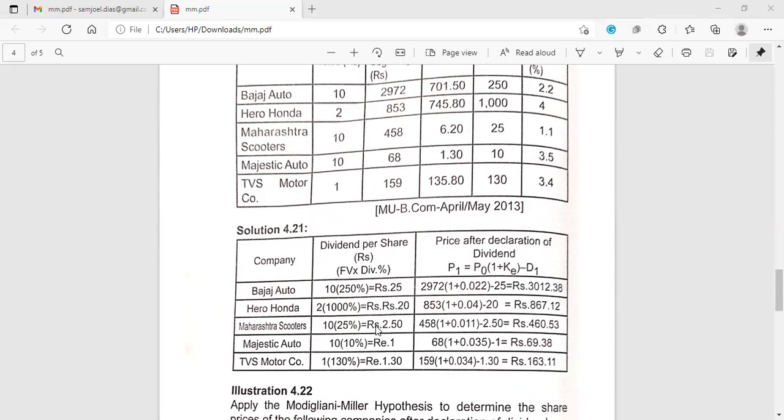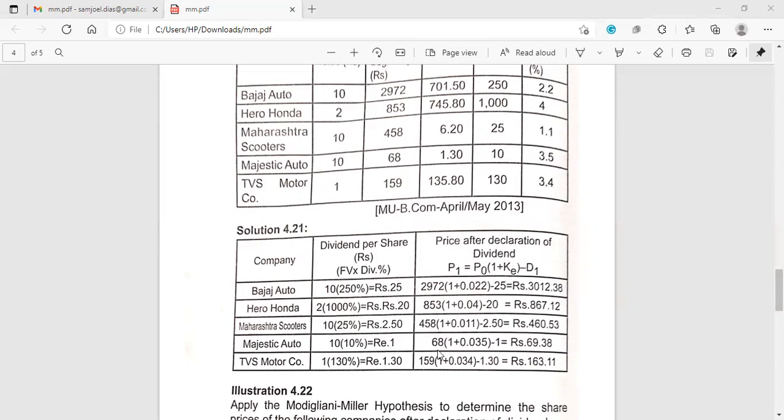Then Maharashtra Scooters at 25%. So 10 into 25% means rupees 2.50. Now the price after declaration of dividend is 458, that is the price at the beginning, into 1 plus 0.011 minus 2.50, that leaves rupees 460.53. Then Majestic Auto, the rate of dividend is 10% on the face value, that leaves rupees 1.